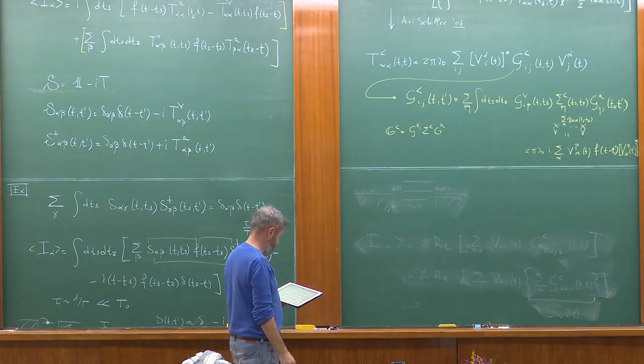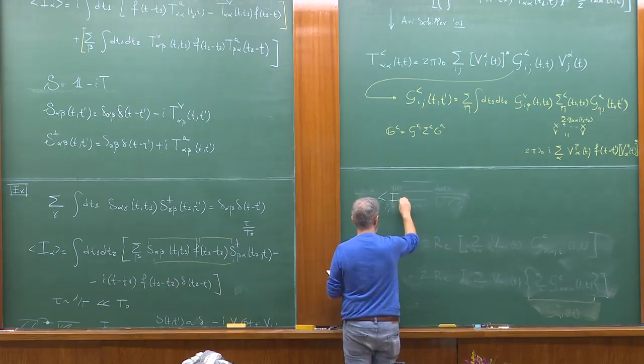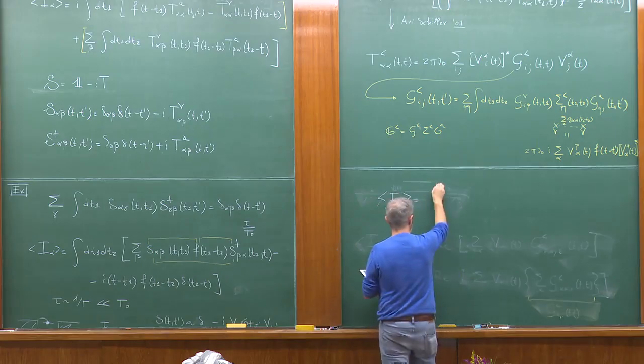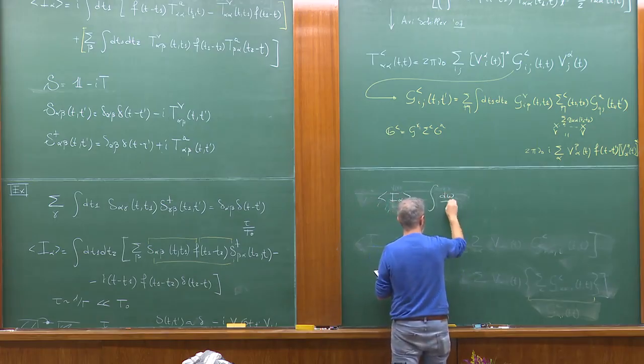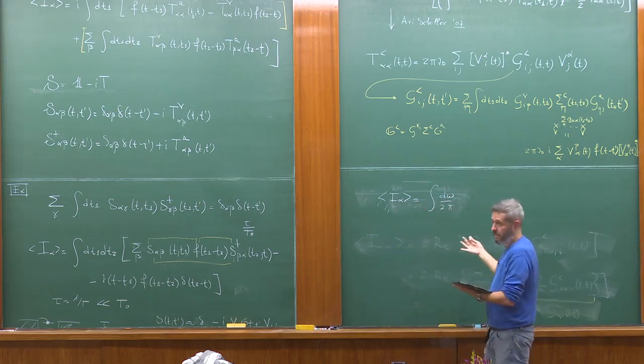Okay, so what I wanted to say. You do your expansion, I alpha. And you start expanding, and what you get is d omega over 2 pi. I'm writing down the final result, okay?